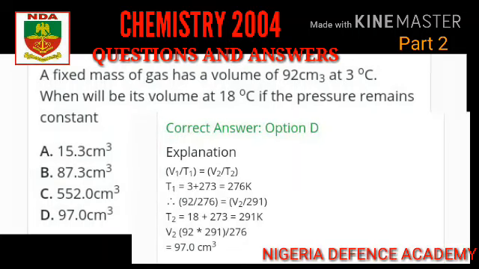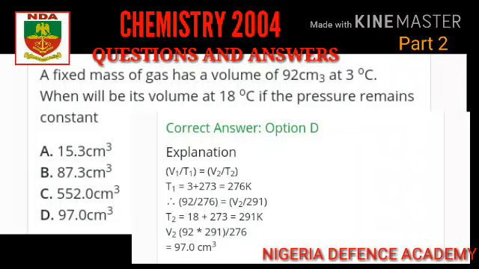Now, we have the initial volume and the initial temperature, which give rise to the final volume and the final temperature. The initial temperature is 3 plus 273, which gives 276 Kelvin. So 92 divided by 276 equals the final volume divided by the final temperature, which is 18 plus 273, giving 291 Kelvin.